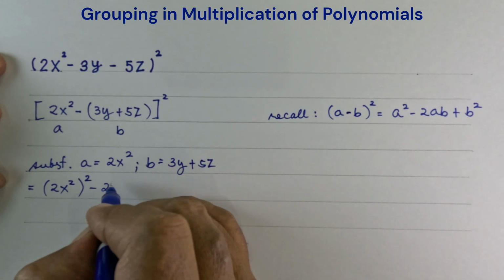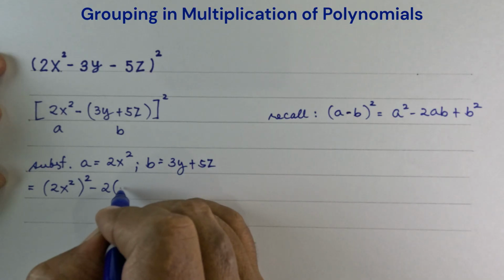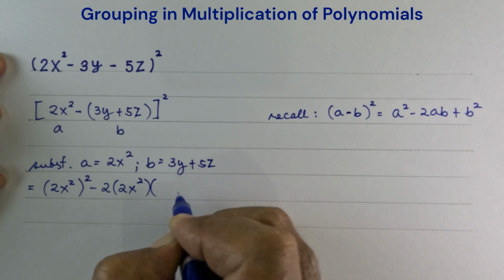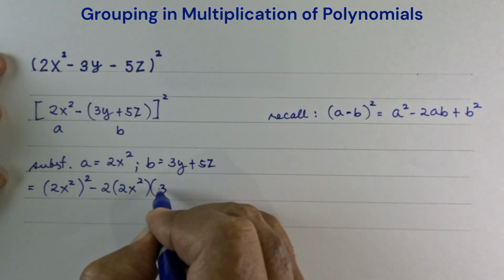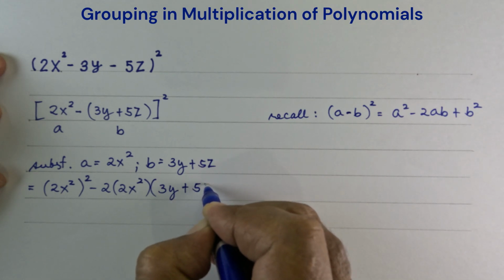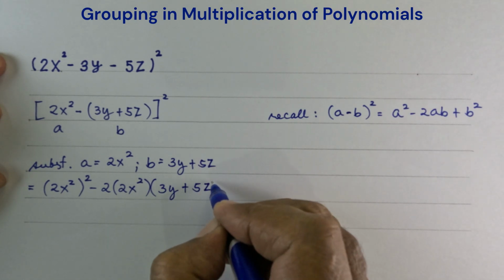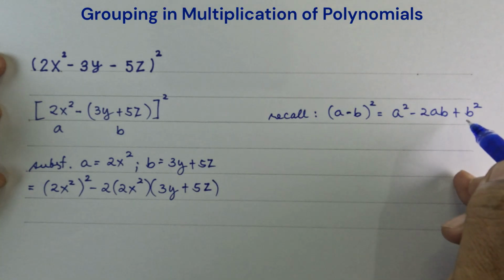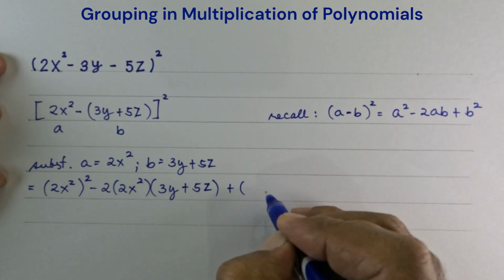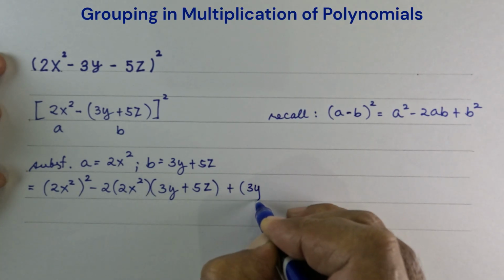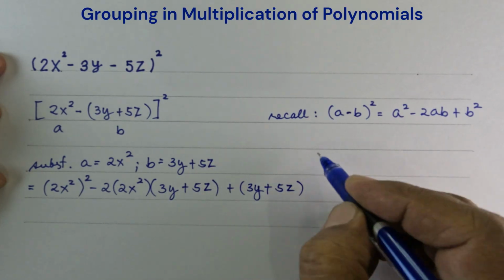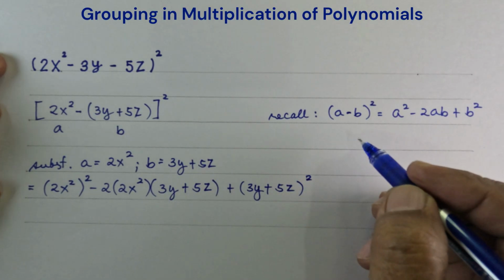So that's 2 times A, that's 2x squared, times B, 3y plus 5z, plus B squared. So this one, (3y plus 5z) raised to the second power.